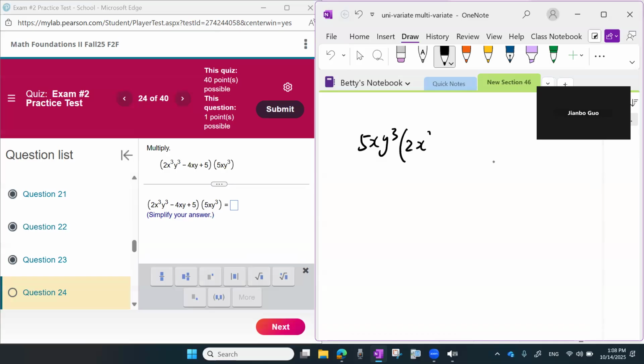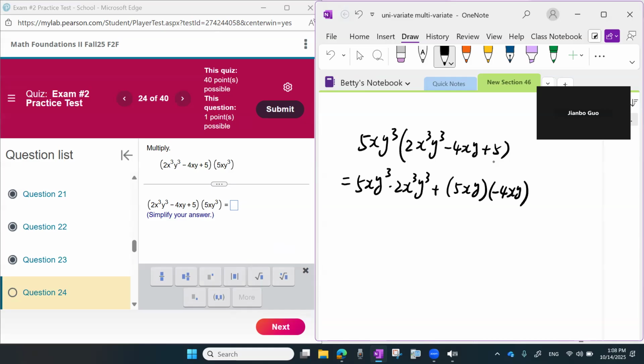So 2x cubed y cubed minus 4xy plus 5. Distribute coefficient times 2x cubed y cubed plus 5xy times negative 4xy plus 5, oh, cube here, 5xy cubed times 5.